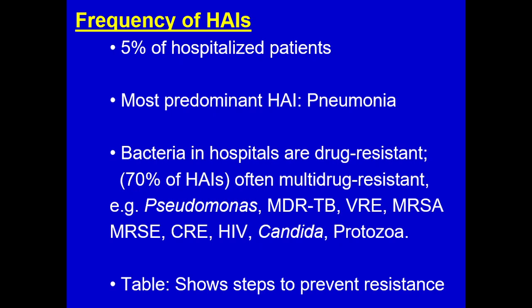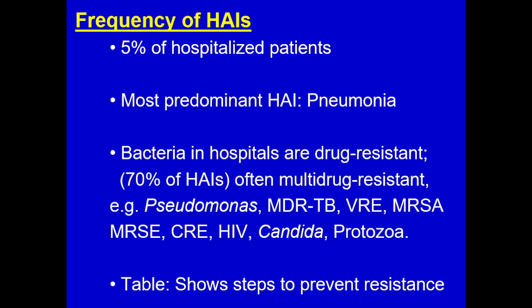The frequency of HAI is 5% of hospitalized patients, maybe more. This is in a very well standardized hospital. It may be higher if the control and prevention measures are not strict in hospitals.